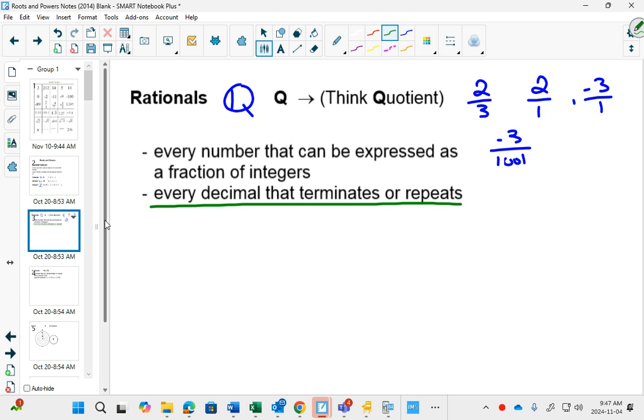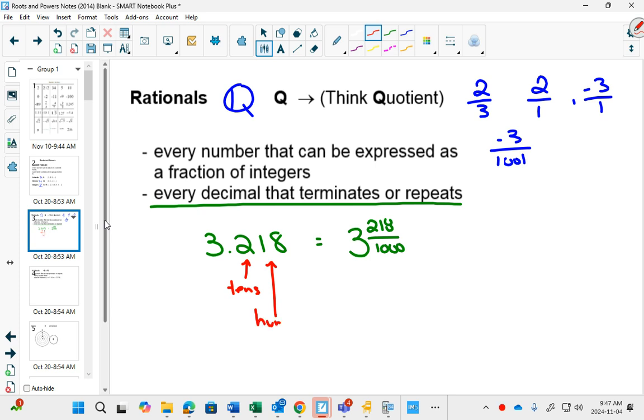So if you had 3.218, this is the same as 3 and 218 thousandths, because if we want to change a decimal into a fraction, I should put tenths, hundredths, thousandths.